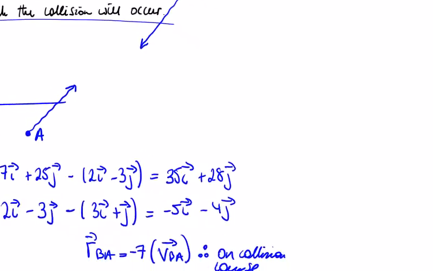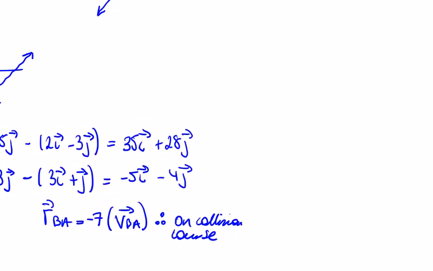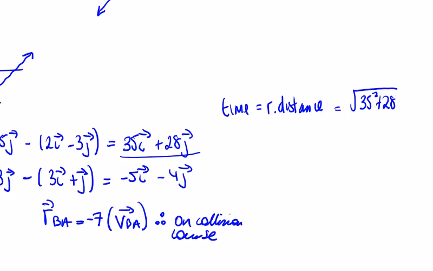So we ask the time here, the time to the collision. It's going to be my relative distance based on their positions. So we have this here, so it's going to be the square root of 35 squared plus 28 squared over the relative speed, which is the square root of 5 squared plus 4 squared.